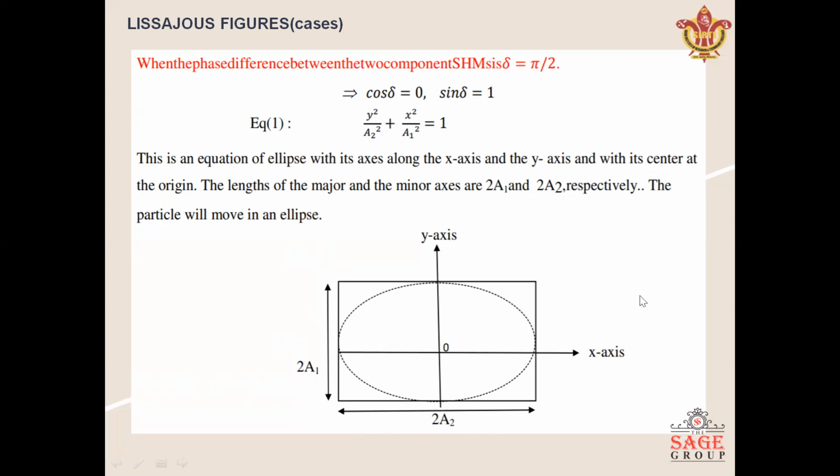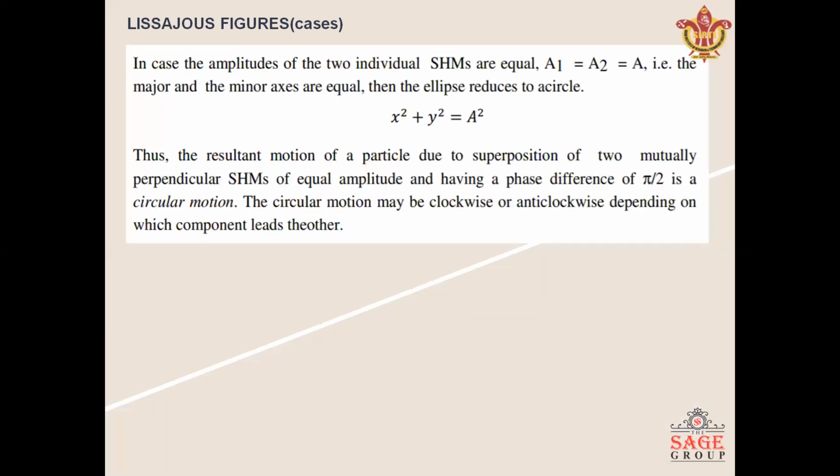So these are the three basic conditions of the Lissajous figure when the amplitude is different and the frequency is the same. Now what happens if the amplitudes are the same? In case the amplitudes of the two individual simple harmonic motions are equal, that is a1 is equal to a2 is equal to a, in that condition this equation will reduce to x square plus y square is equal to a square.